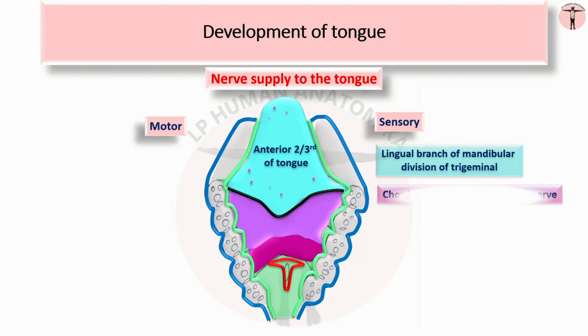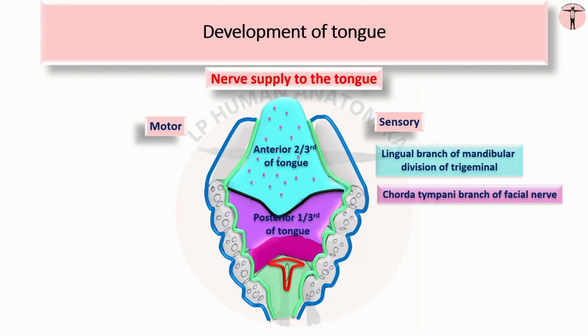The chorda tympani branch of the facial nerve supplies the taste buds in the anterior part of the tongue except for the circumvallate papillae. Because the second arch component, copula, is overgrown by the third arch component, that is the hypopharyngeal eminence, the facial nerve does not supply the mucosa of the tongue.